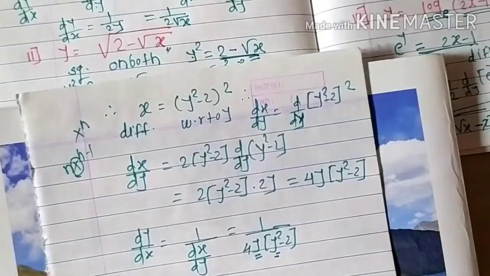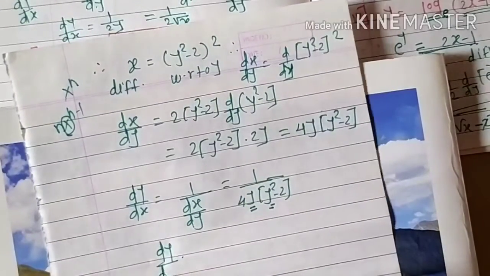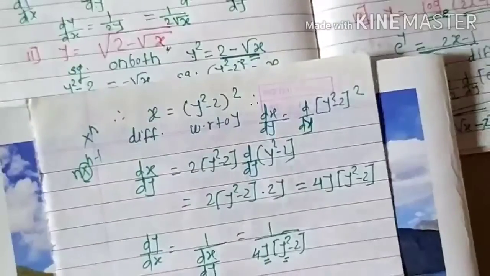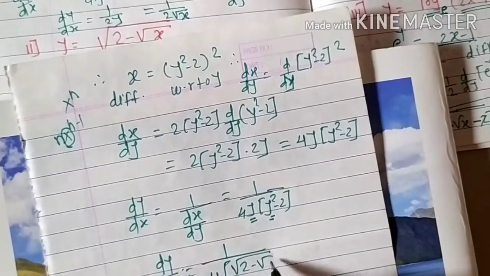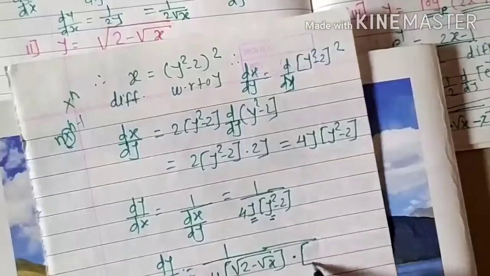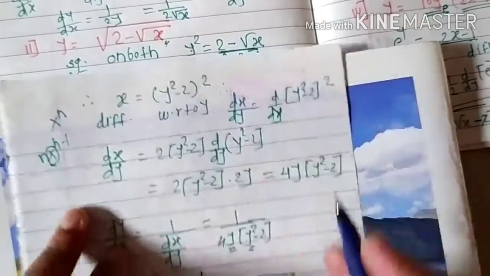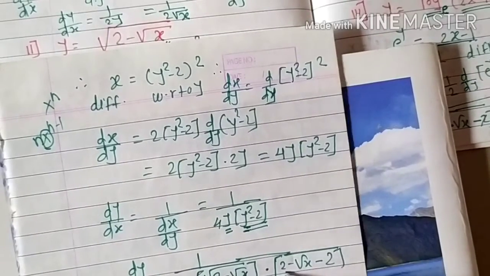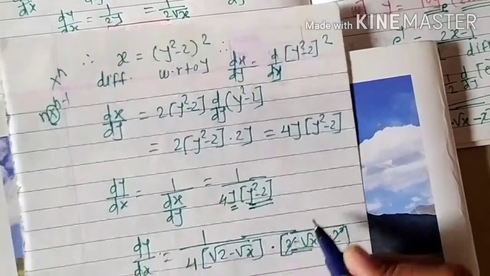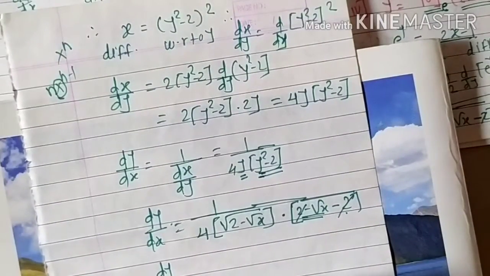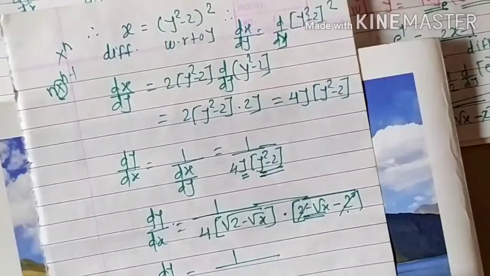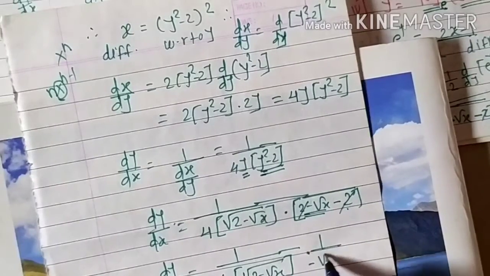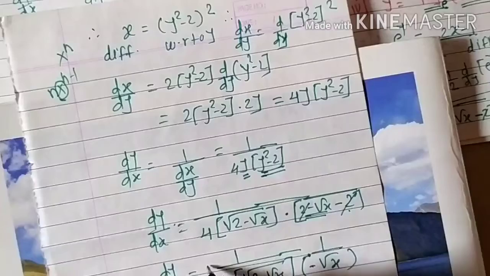So dy by dx is equal to 1 upon 4 into root of 2 minus root x into y square minus 2, where y square minus 2 is 2 minus root x minus 2. Then the plus 2 and minus 2 get cancelled.